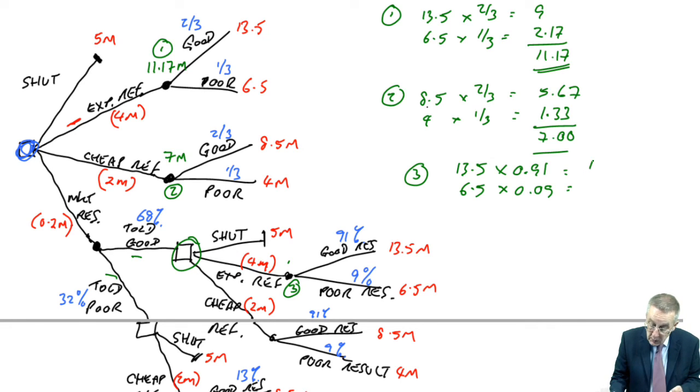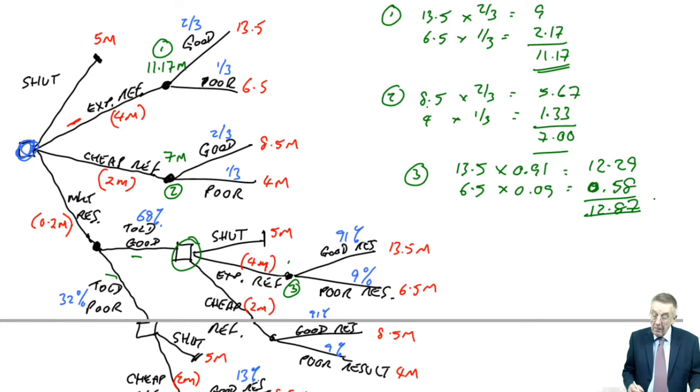So multiplying, 12.29, with a bit of rounding, 0.5, 12.87.